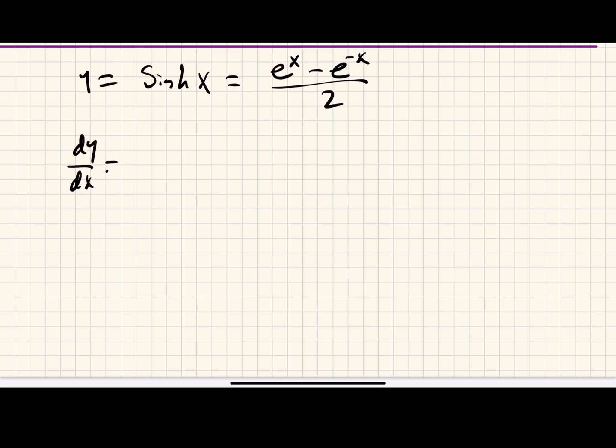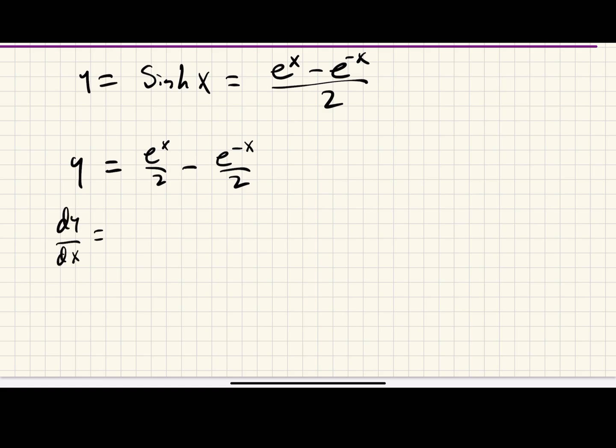I could call that y equal to e to the x over 2 minus e to the minus x over 2, right? I'm sorry, I didn't mean to say dy dx yet. And it would be easy to differentiate from that point, right? So dy dx, let's see.